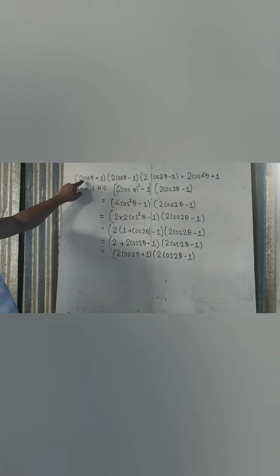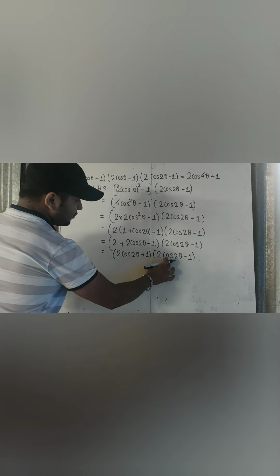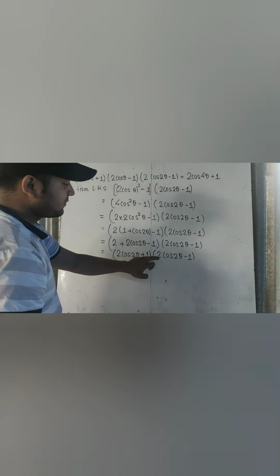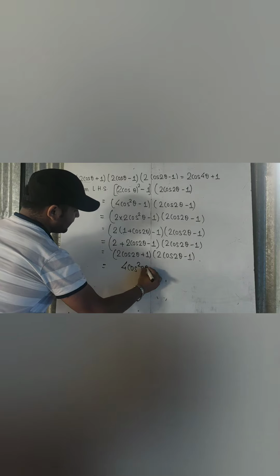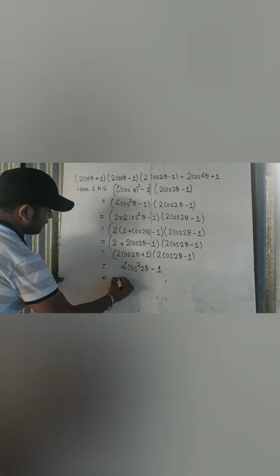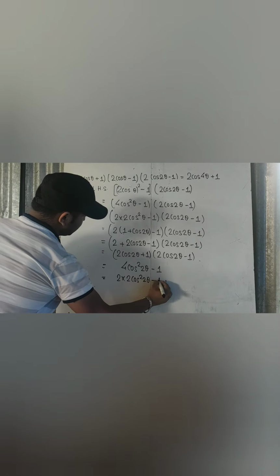Now again it looks like the previous pattern, like we did here 2 cos theta plus 1, 2 cos theta minus 1. We also have 2 cos 2 theta plus 1, 2 cos 2 theta minus 1. So on comparing this with A plus B, A minus B, we get A square minus B square. Now 4 can be written as 2 into 2 cos square 2 theta minus 1.